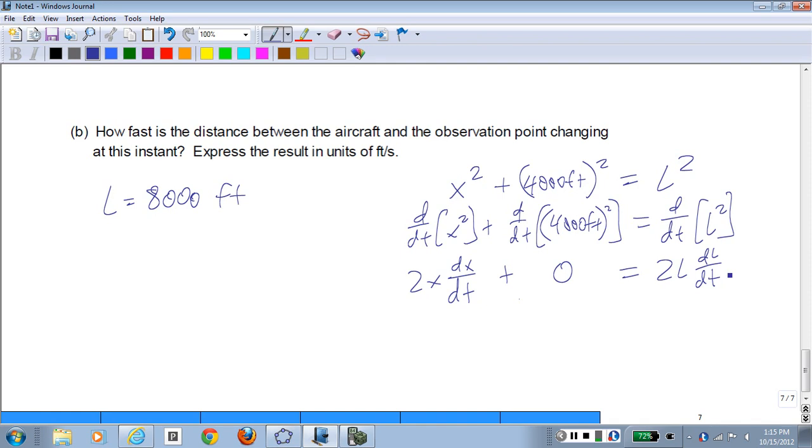So solve it for dL/dt, because that's what we need to know. dL/dt equals 2x over 2L dx/dt. If I divide both sides by 2L. And so it looks like dL/dt equals x over L times dx/dt.